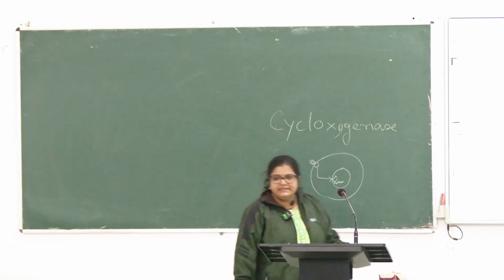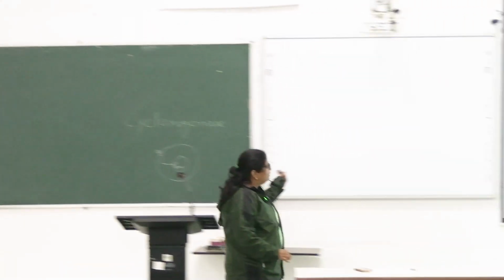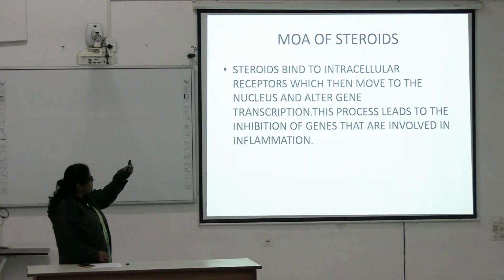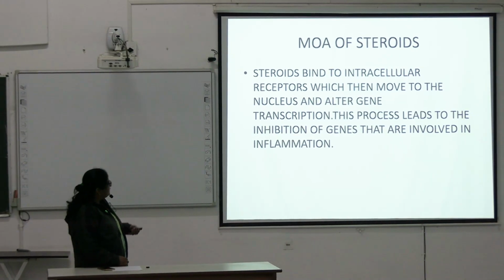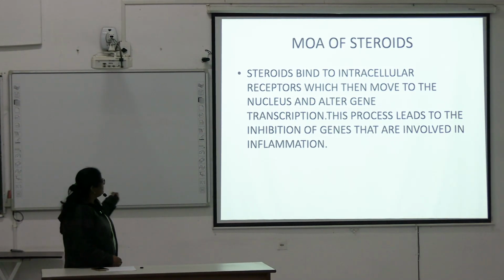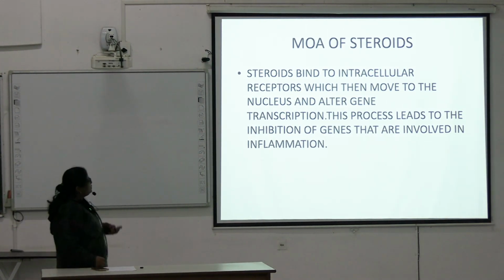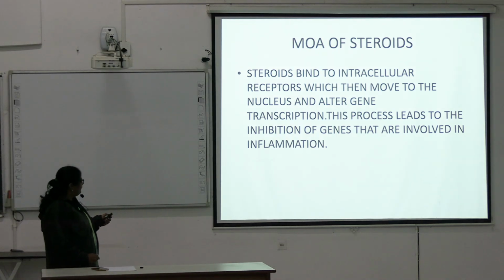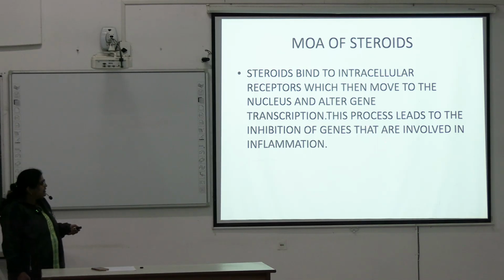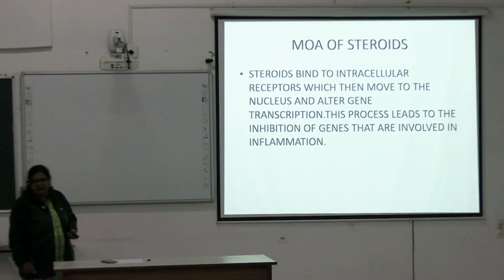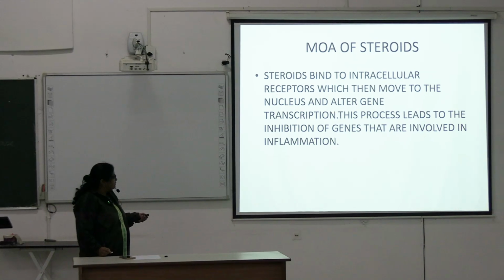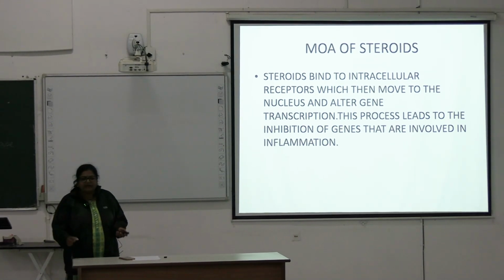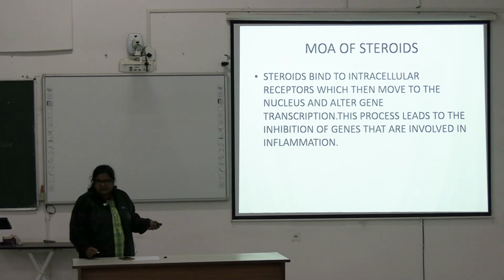Within the nucleus there is DNA and gene transcription is within the nucleus. So steroid binds to the intracellular receptors, which then move to the nucleus and alter the gene transcription. And this process leads to the inhibition of genes that are involved in inflammation. Inflammation also has its own genes.